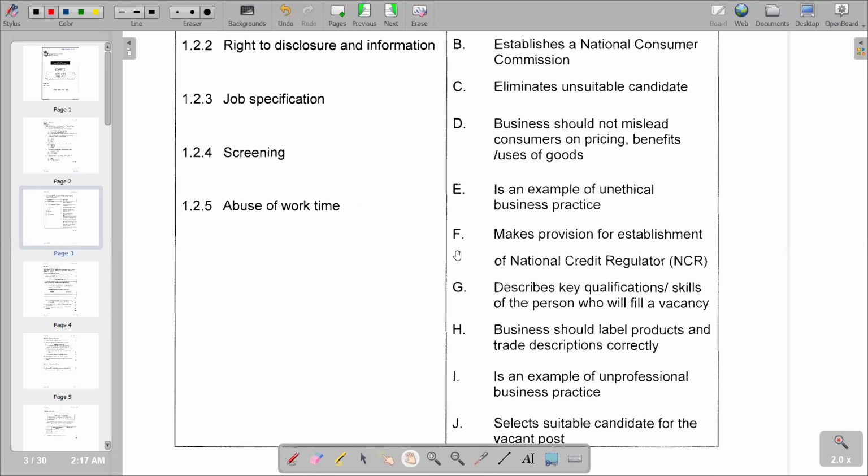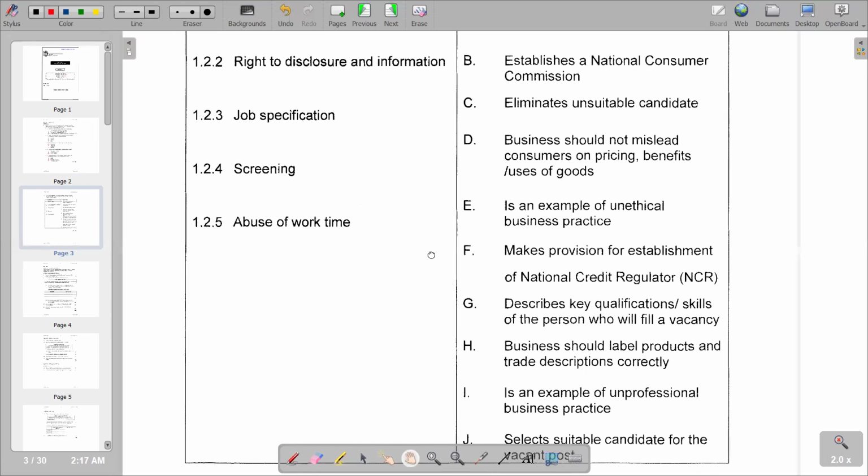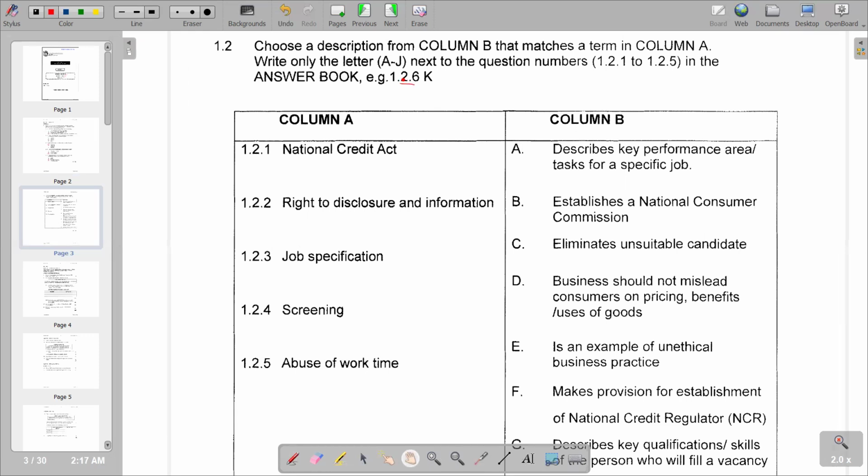If you go to F, it reads, makes provision for establishment of the national credit regulator. So this becomes the most appropriate response, and we have F there. Then 1.2.2, the right to disclosure and information.